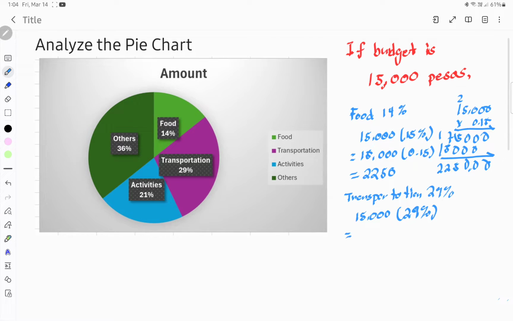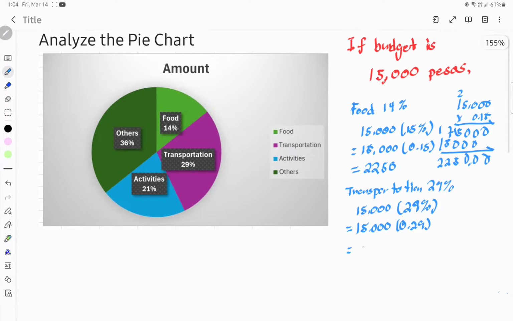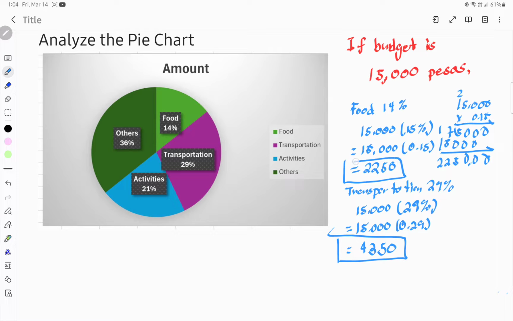Working with that in decimal, 15,000 would be multiplied by 0.29, right? That would be 4,350. So this is the allocation for transportation.